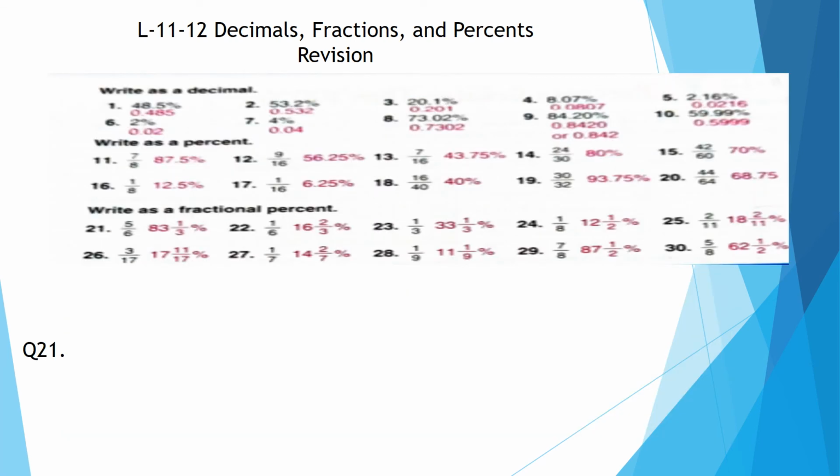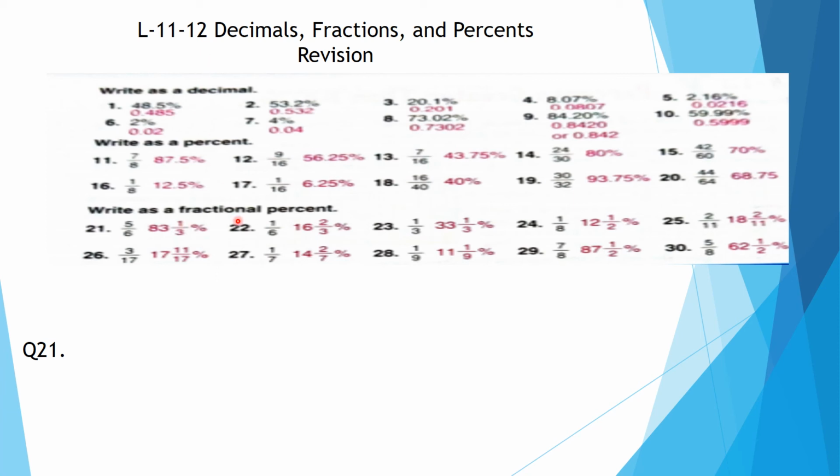Now to solve the questions. What are the questions there? Here you can see: write as a decimal, write as a percent, or write as a fractional percent. Then we start with the first question, and randomly you can see only these 3 questions.